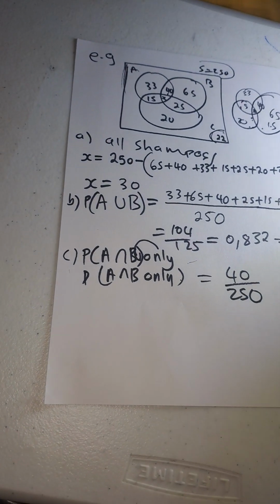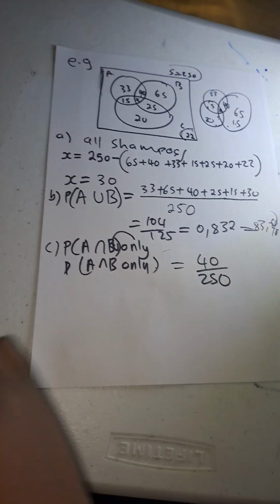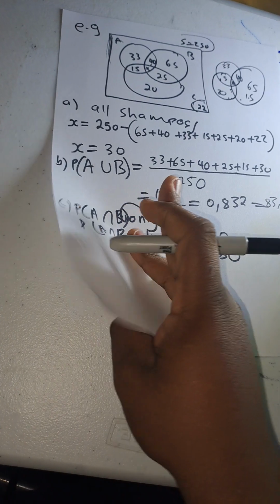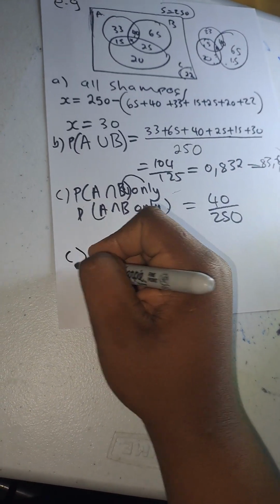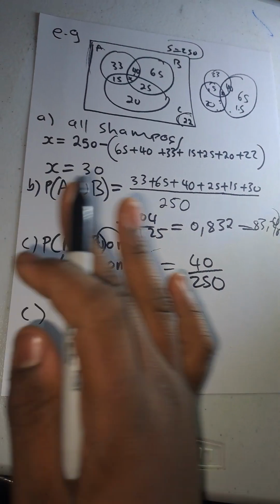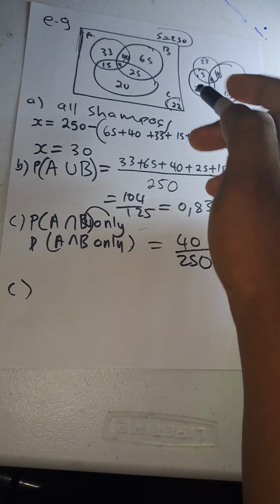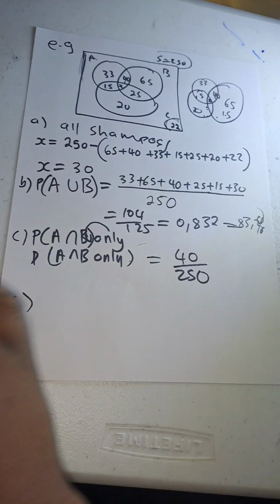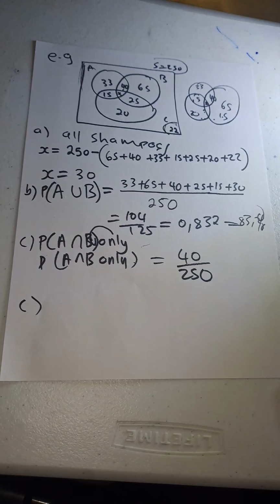So if they say determine the probability of people who didn't like any of the shampoos, you're gonna do it like this. What is the probability of randomly picking a person who doesn't like any of the shampoos? So I told you that the 22 here is the people who didn't participate or even check the shampoos.